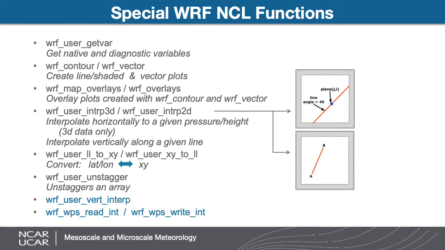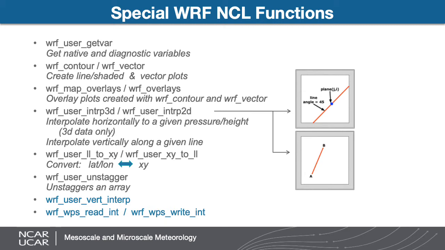Next, I will talk about some specific WRF NCL functions. We already learned a lot about how WRF user getvar works and WRF contour in the previous examples. There is also a WRF vector, which will really easily calculate and draw some vector plots. We already saw WRF map overlays, and there's also a WRF overlays to overlay over something other than a map.